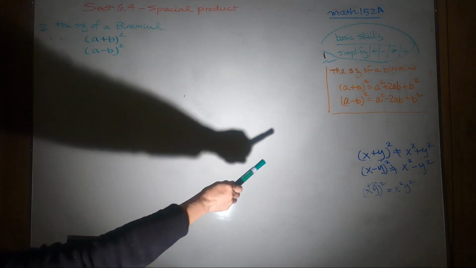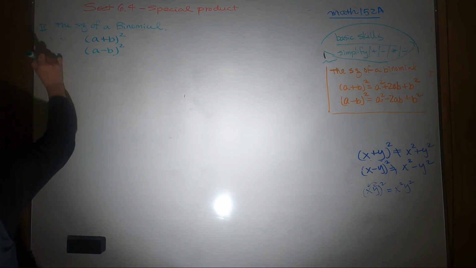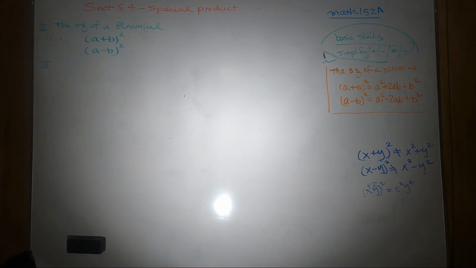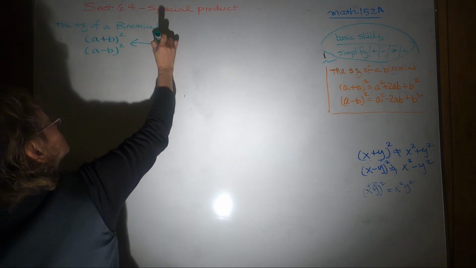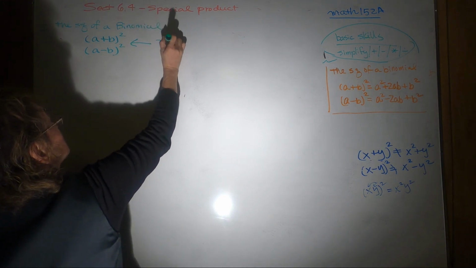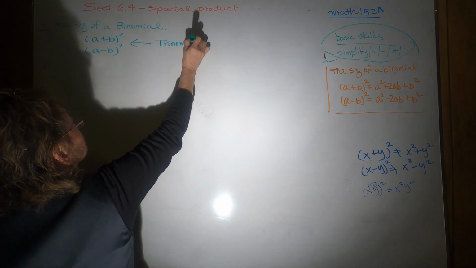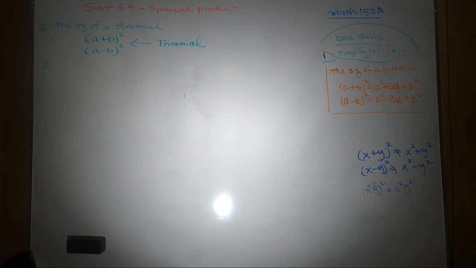Then your shortcut would be this. We are still doing special products, binomial times binomial, and the square of a binomial turns out to be a trinomial.